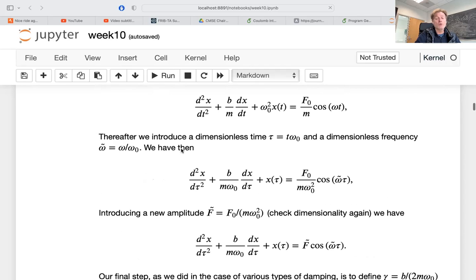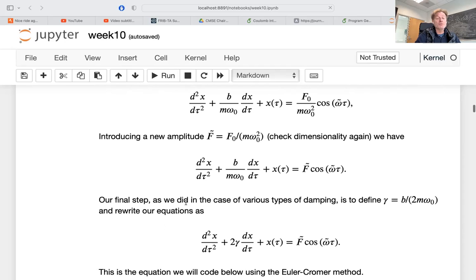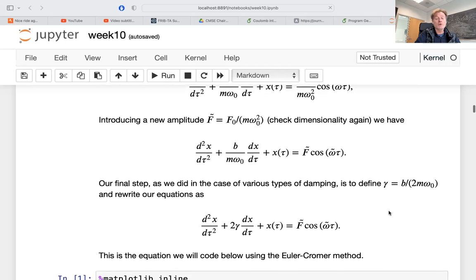When we do that, the equation which we end up studying has this dimensionless time. The equation has dimension position, and we can keep rewriting it by redefining the parameters in front of the velocity, which are now given in terms of this gamma. So we have a pretty simple differential equation here, which we can solve.